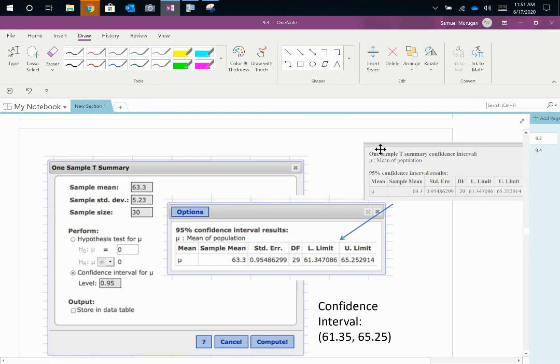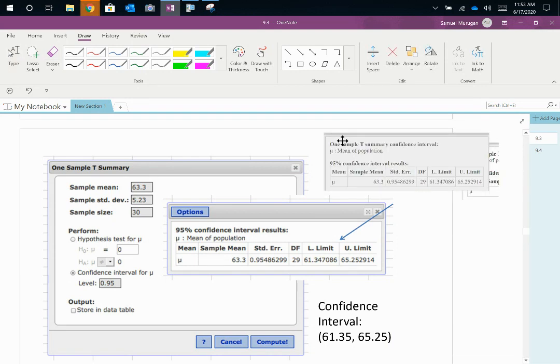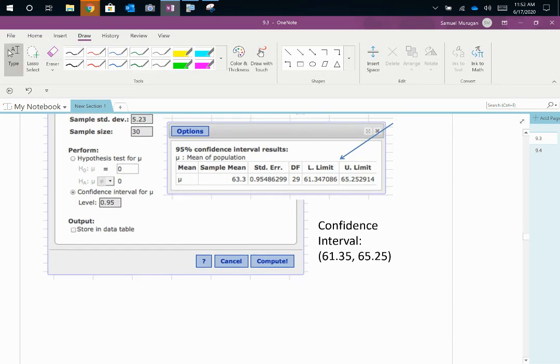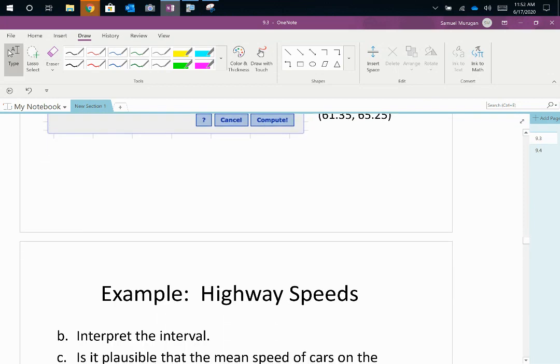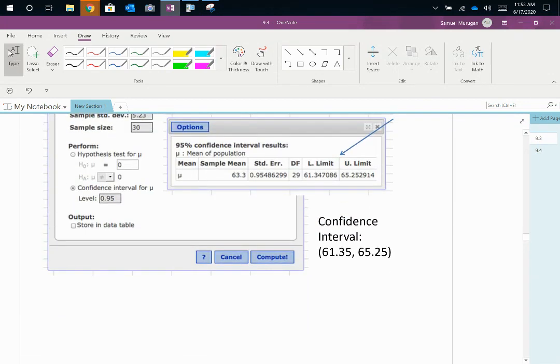Drag this in here. And you can see our numbers pretty much match. Now, right here is the lower limit and the upper limit for the confidence interval. Okay, I'm going to discuss that. The lower limit is 61.35. The upper limit is 65.25.